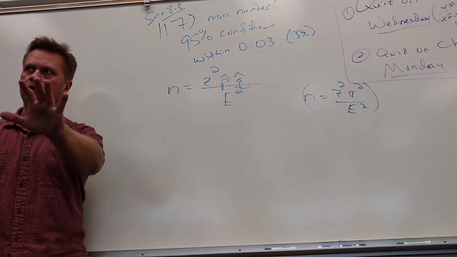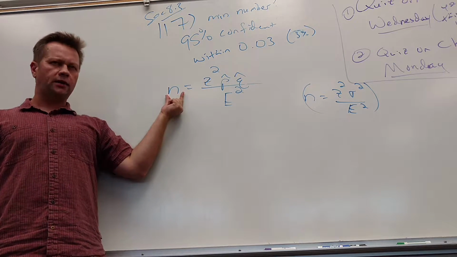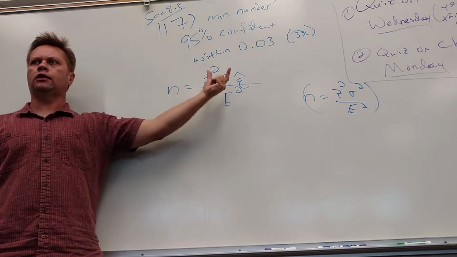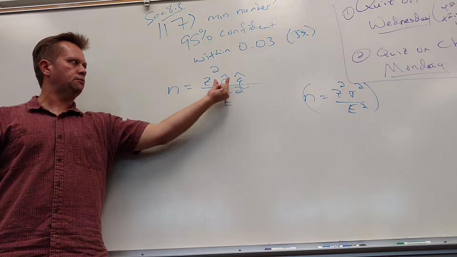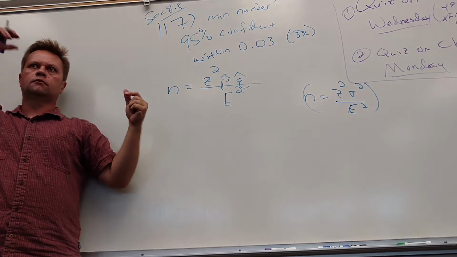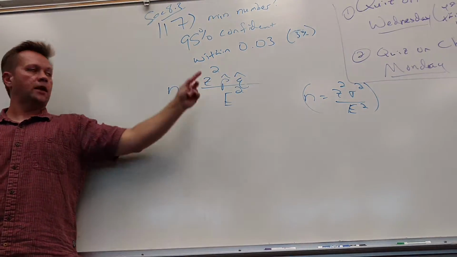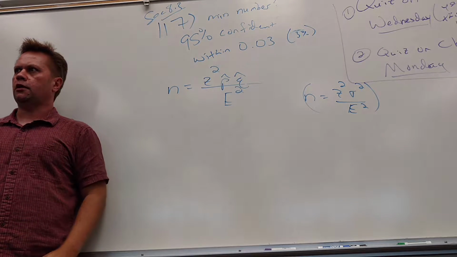And mathematically, if I don't know p hat, I better make n the biggest it could be to cover myself for not knowing that. Making this 0.5 and that 0.5 makes n the biggest it could be. So there are two reasons why: if I don't know, I have to guess 50-50, but also it makes n the biggest it could be. That's why mathematically we do that.